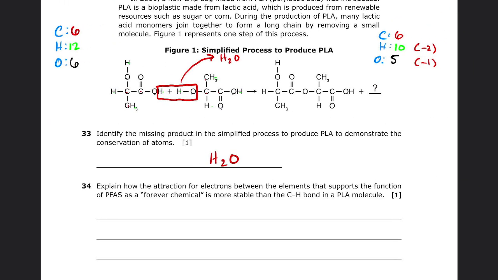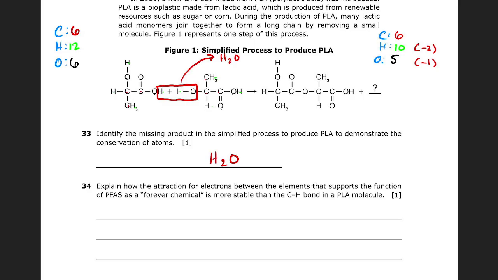Anyways, if a carbon-fluorine bond is more stable than a carbon-hydrogen bond, this means that there's a stronger attraction for electrons. Like you'll have a very short bond length, and the molecule will be held together very strongly. Thus, it's a forever chemical because it doesn't really get broken down.